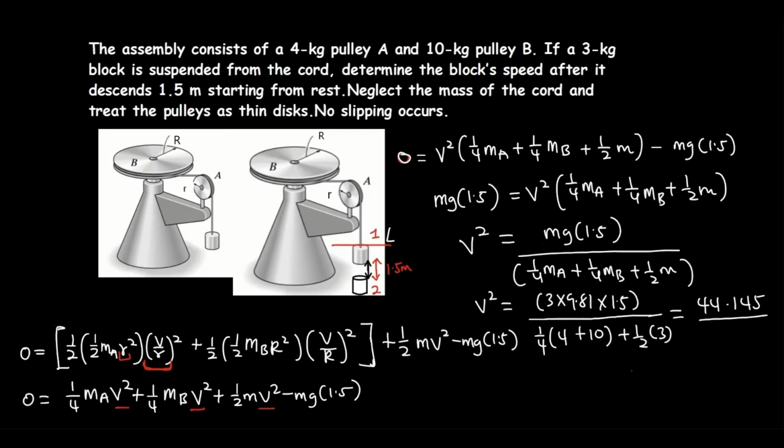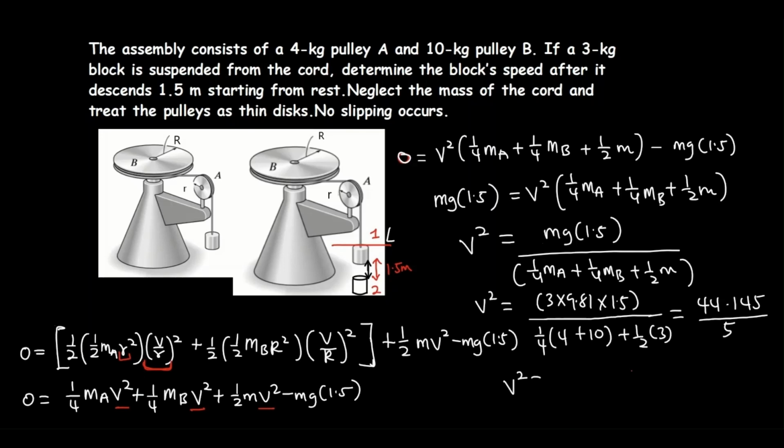All this is divided by 1 over 4 multiplying 14 plus 1 over 2 multiplying 3. When I do this, I get 5.